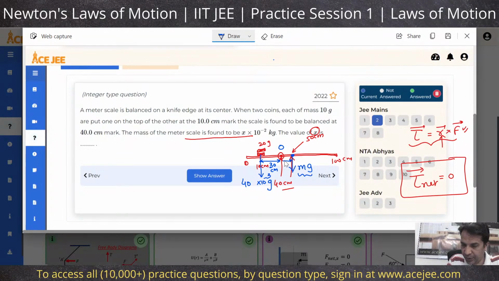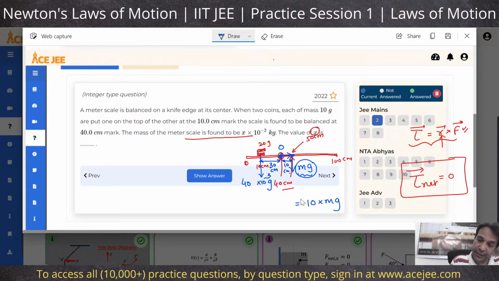And how much is this? 10 centimeters. So what is the torque due to this mg? About the point O, this is R cross F. Both are perpendicular to each other, so R cross F will be RF sine 90, or RF, which means 10 into mg. What is the direction of this torque?